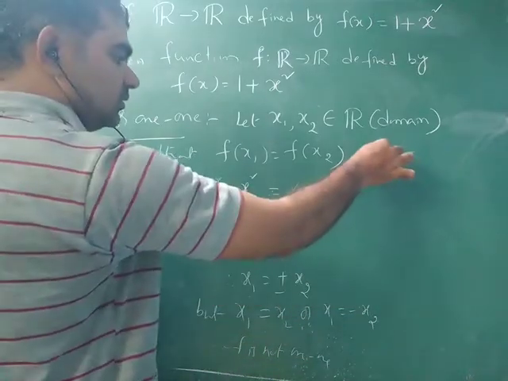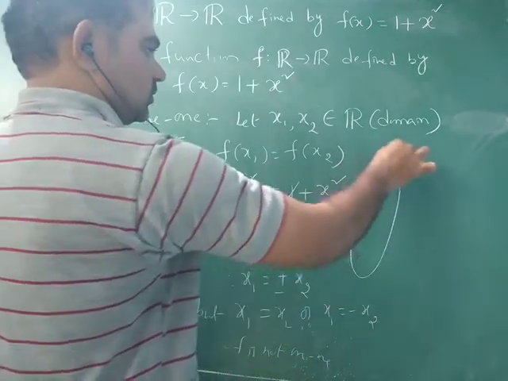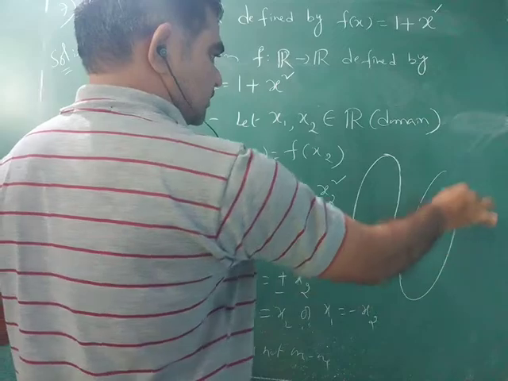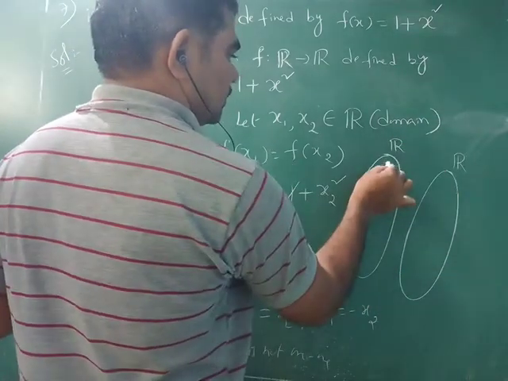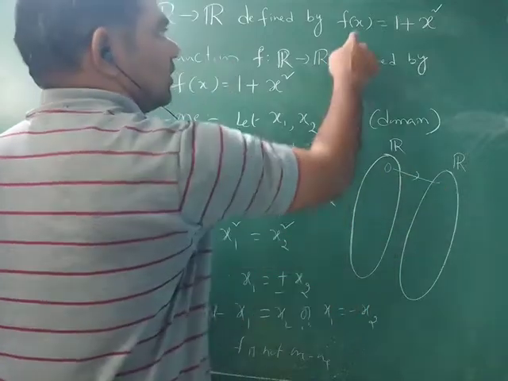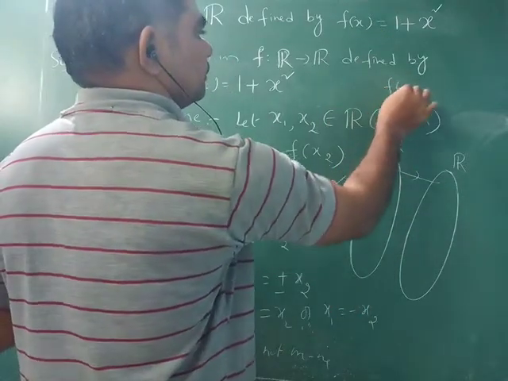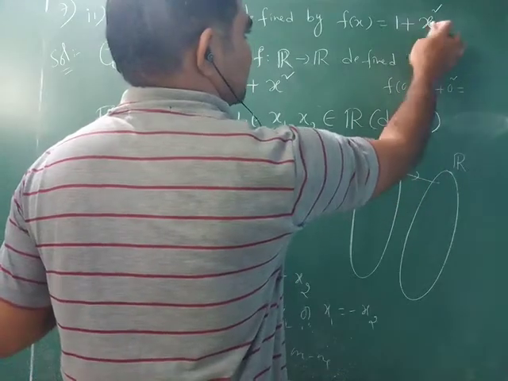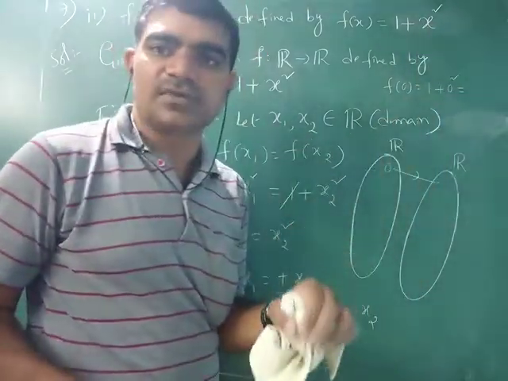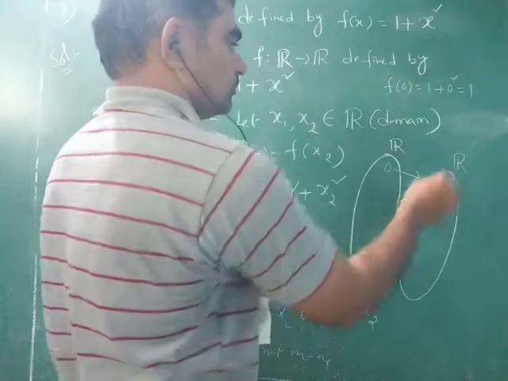You see here, please observe this one, R to R. For 0, what happened? F of 0 is 1 plus 0 square, which is 1.